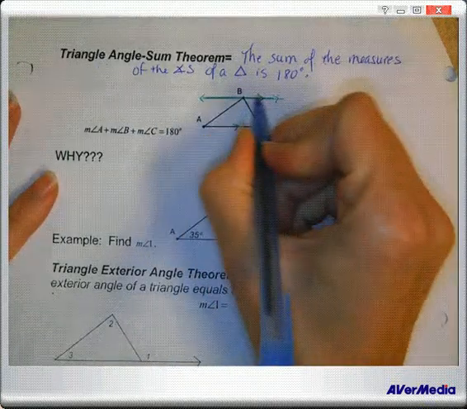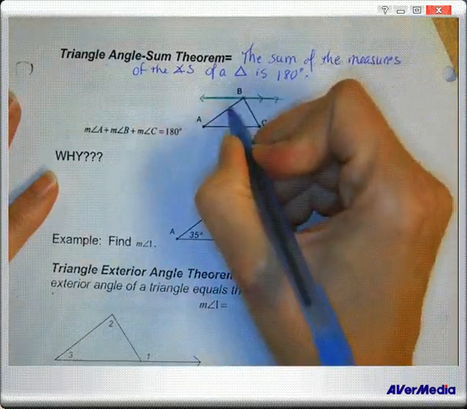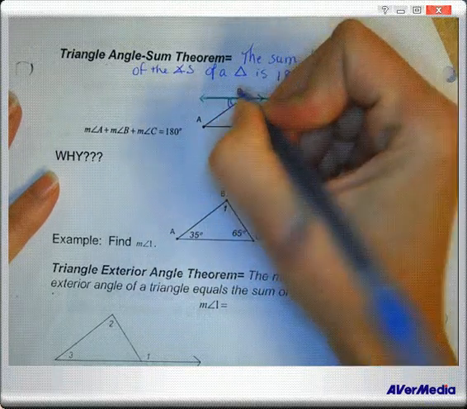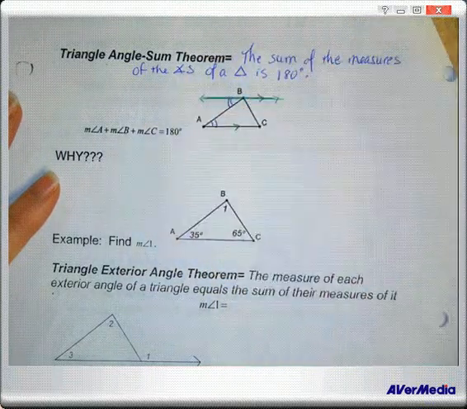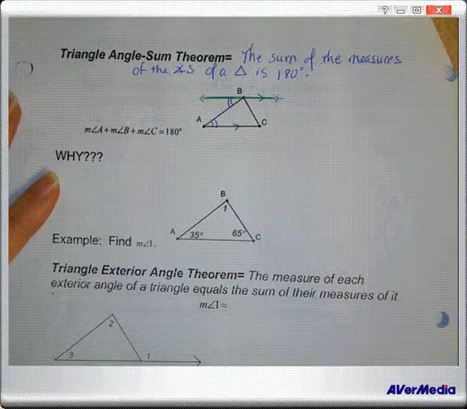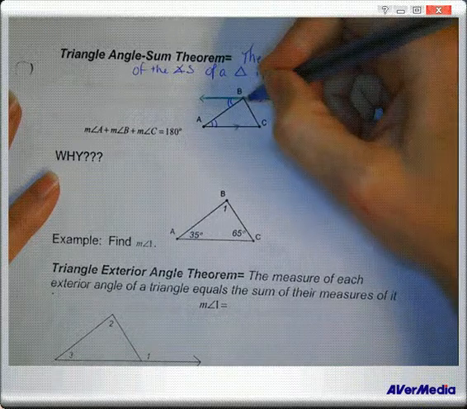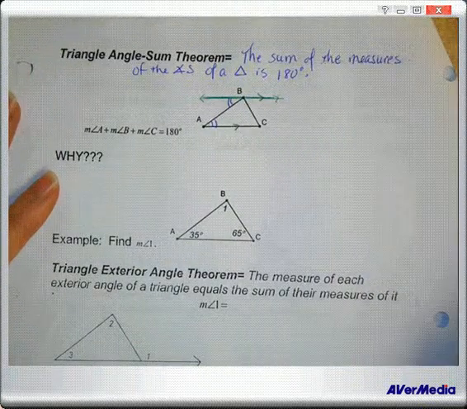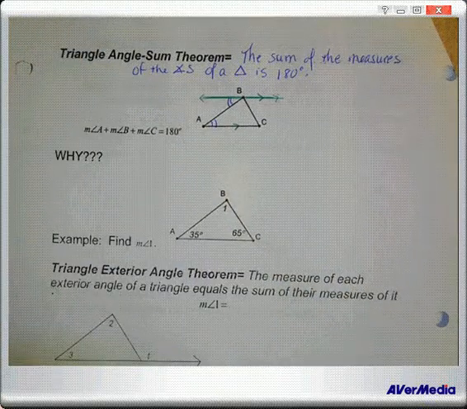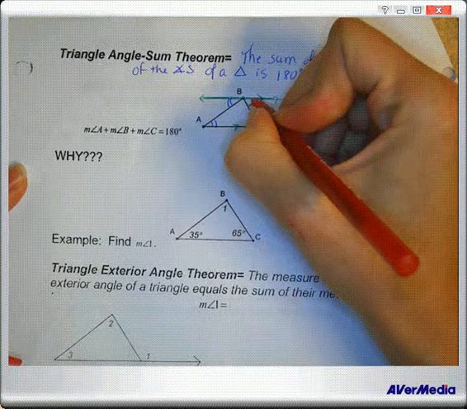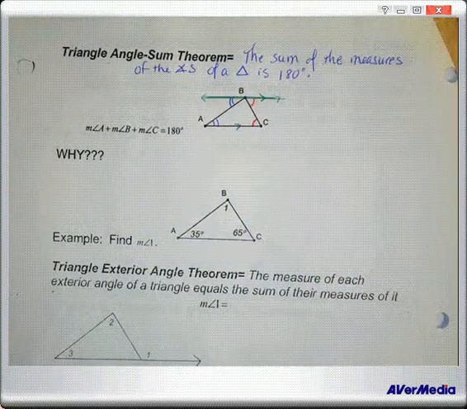It's really easy. If I have the fact of parallel lines, segment AB becomes a transversal. I know then that I have a pair of alternate interior angles that are congruent. Then I also know that segment BC is a transversal. And I have another pair of alternate interior angles that are congruent.